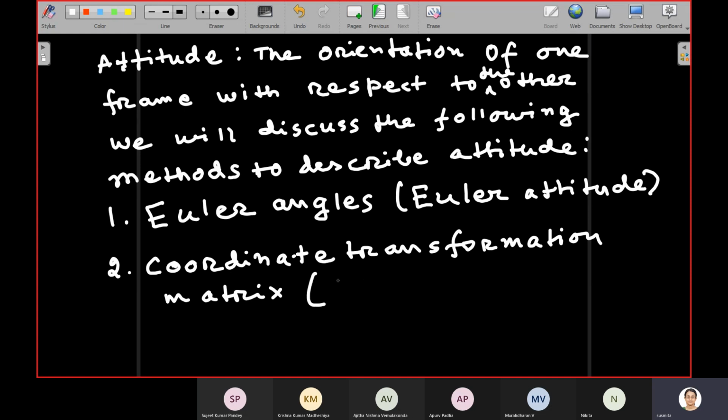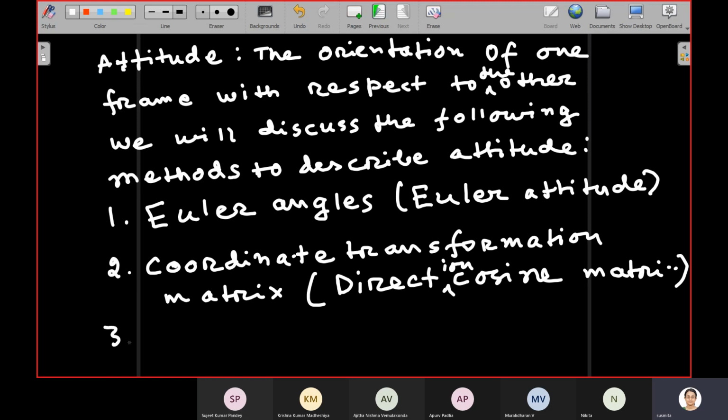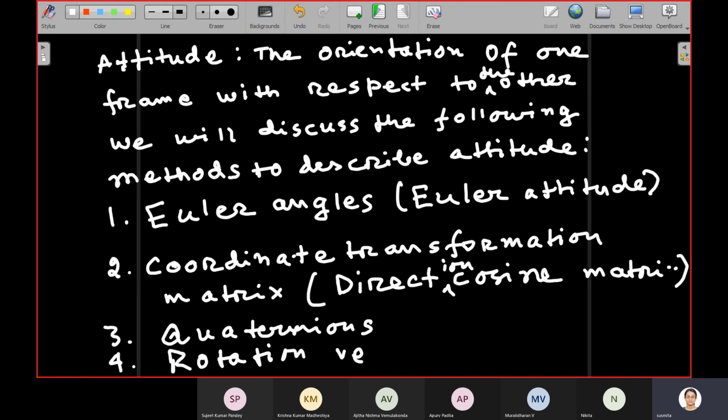You probably call it the direction cosine matrix. Same. In navigation, we call it the coordinate transformation matrix. Then quaternions, and finally the rotation vector.